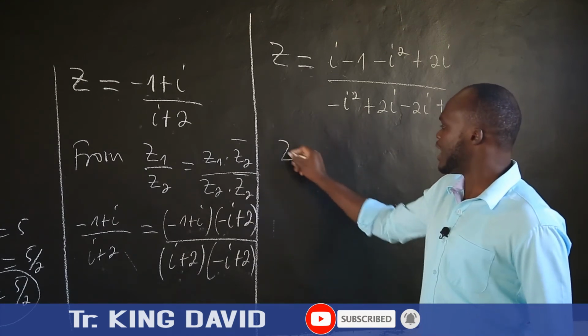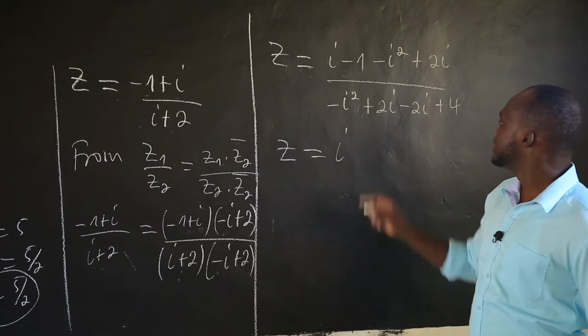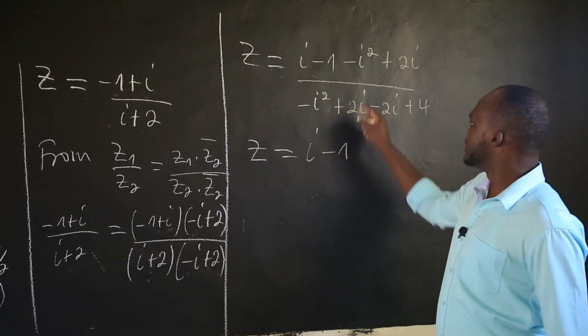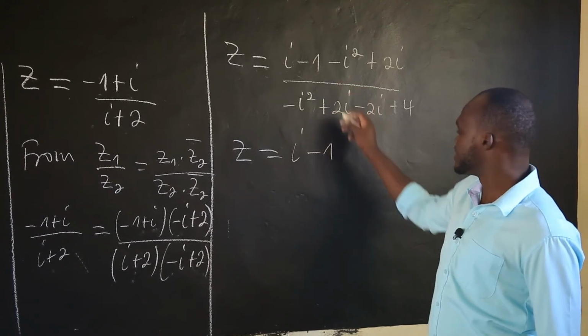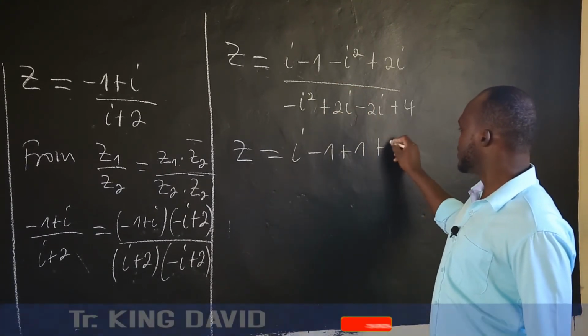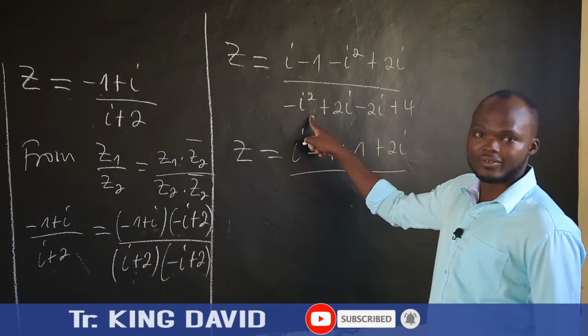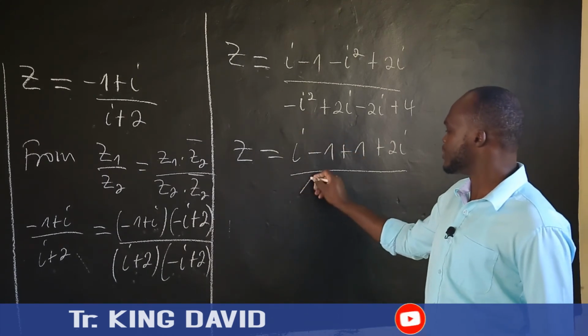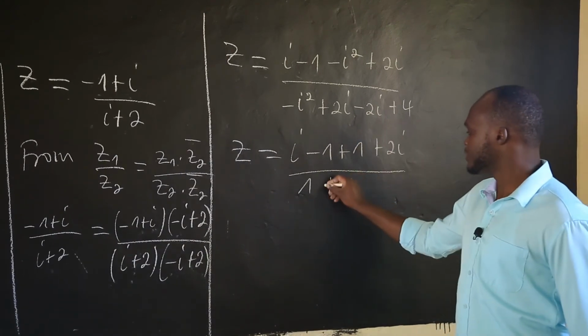So our Z now is I minus 2 minus I squared plus 2I. I squared is negative 1, so this negative becomes positive 1. Divided by, I squared is negative 1, with this negative it becomes positive 1. 2I minus 2I is 0, plus 4.